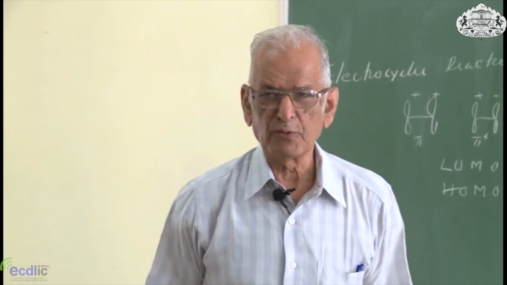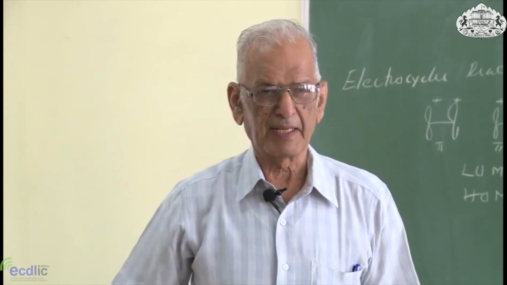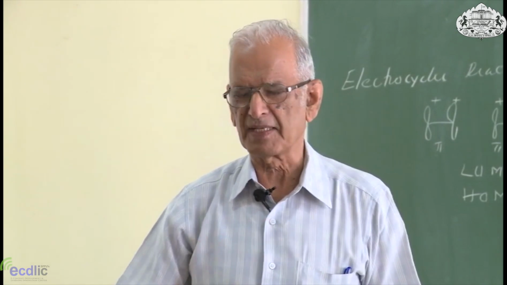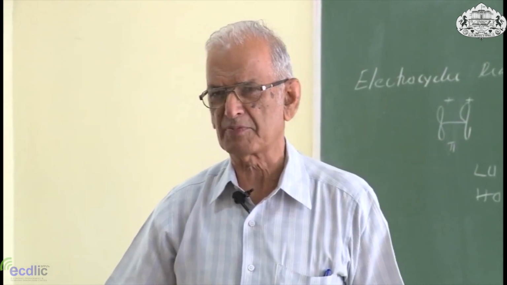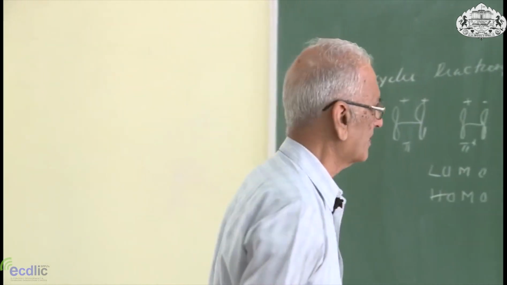So, even without knowing anything, if I ask you to write HOMO, it is very easy. Plus, plus, minus, minus, plus, plus, minus, minus, plus, plus, minus, minus. Do this process, you will be in a position to write this.